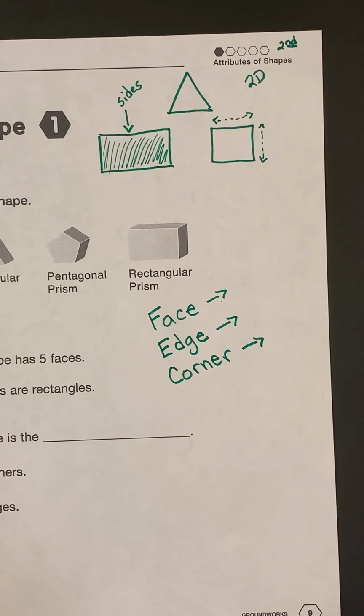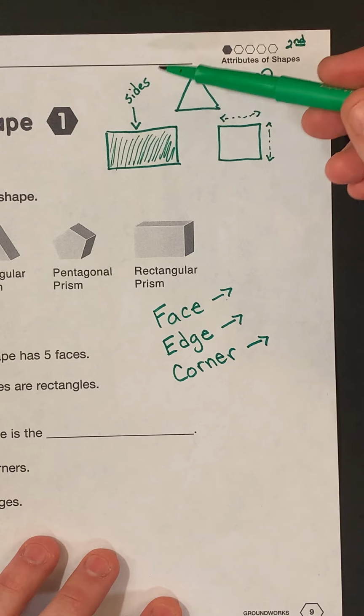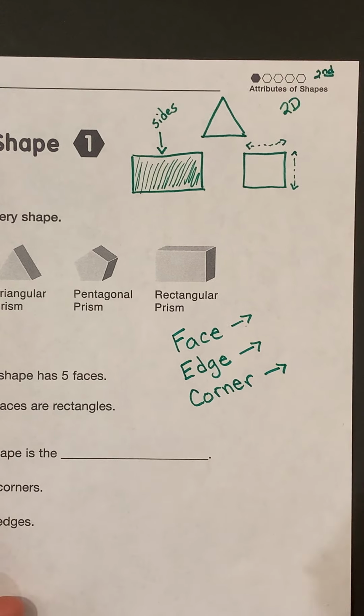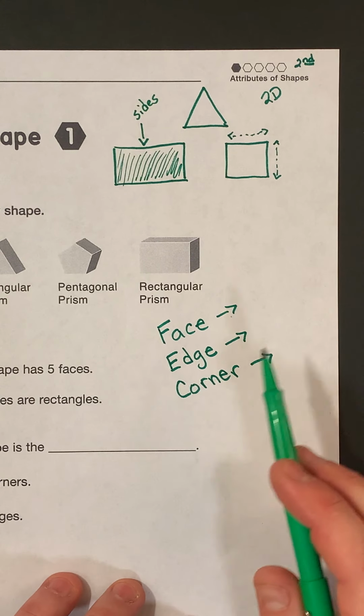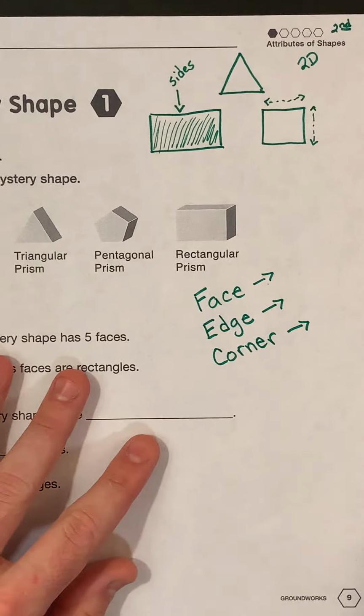Now, there are no such things as really a face or an edge on a two-dimensional shape. So we're going to be looking at a three-dimensional shape and making sure that we understand what face, edge, and corner mean, because the clues they're going to be giving us are going to be using those terms.